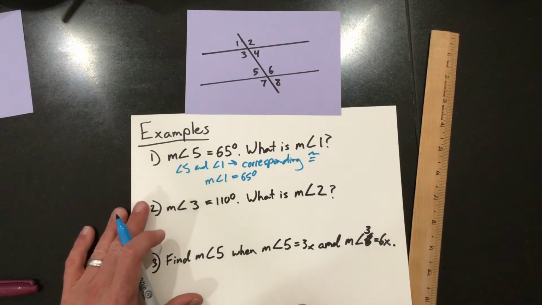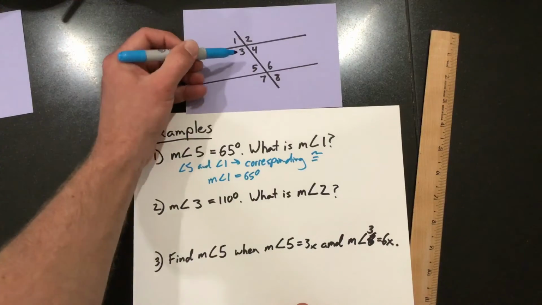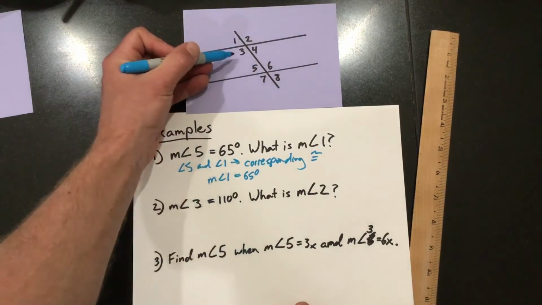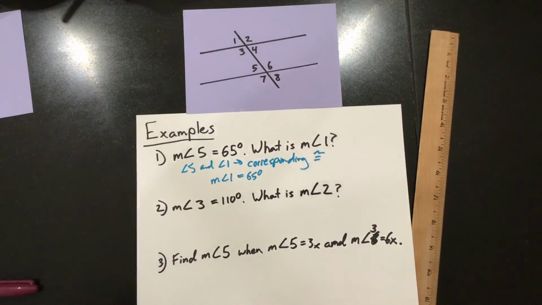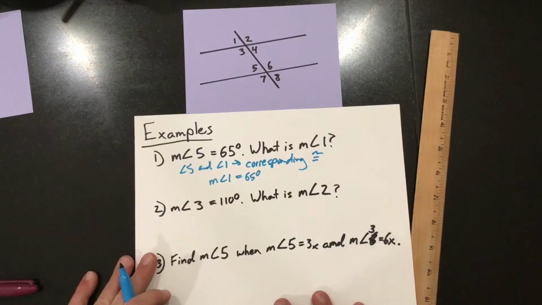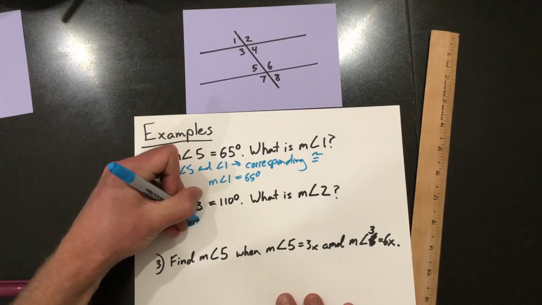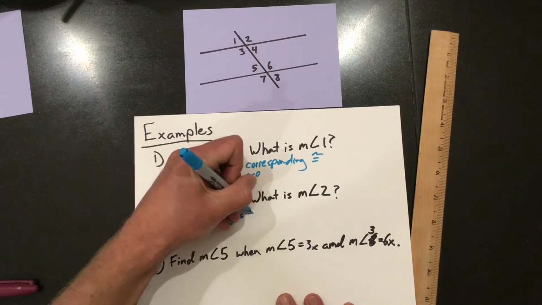Next problem. Let's look at number 2. The measure of angle 3 is 110 degrees. What is the measure of angle 2? So 3 and 2 are right here. These don't fall into the category of alternate interior, alternate exterior, or anything like that. These are just simply vertical angles. And vertical angles are congruent.